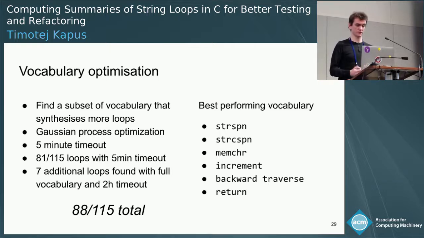And the best vocabulary, which is shown here, was able to synthesize 81 loops with a 5-minute timeout. We can combine that with the loops synthesized with the 2-hour one, and you get to the 88 number. So for example, this vocabulary doesn't have strchr, and there were some strchr loops. This shows there is some bias in our data set toward strspn in particular.